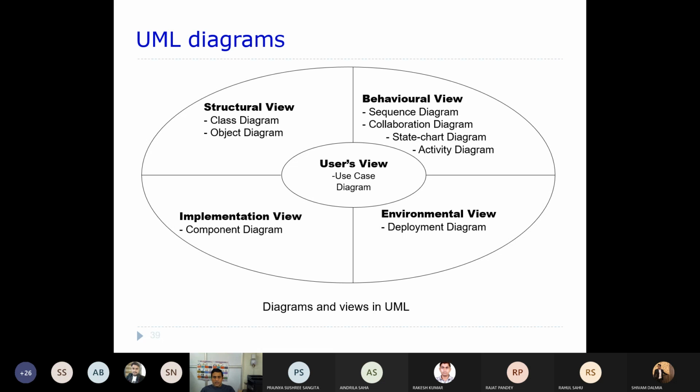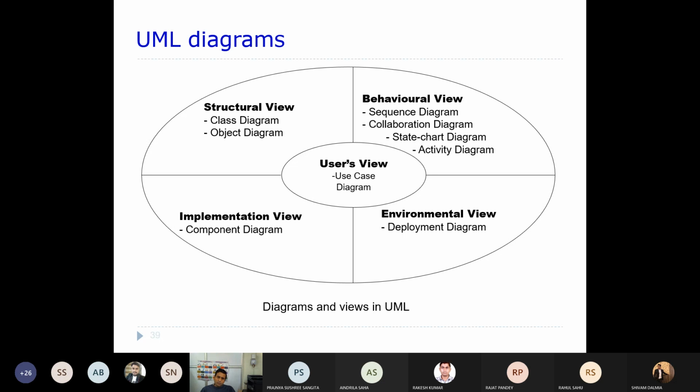We will talk about them. Your behavioral view will be captured through 4 diagrams. There is an interaction diagram, as part of which we will go through the sequence diagram and collaboration diagram, and then you will have the state chart diagram and the activity diagram.